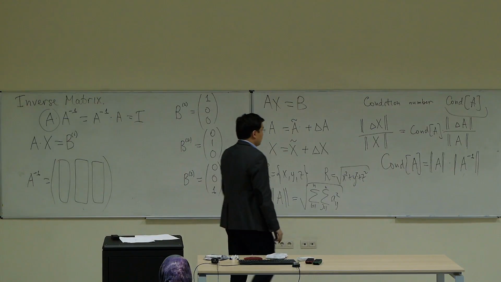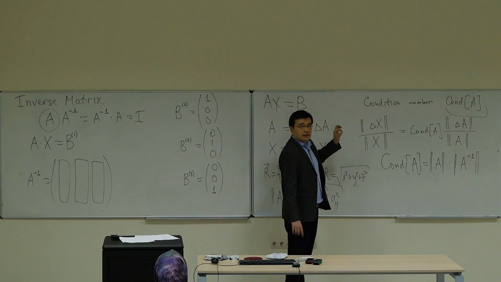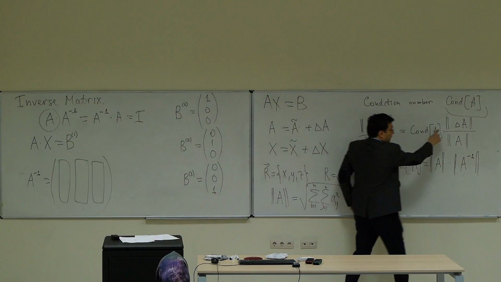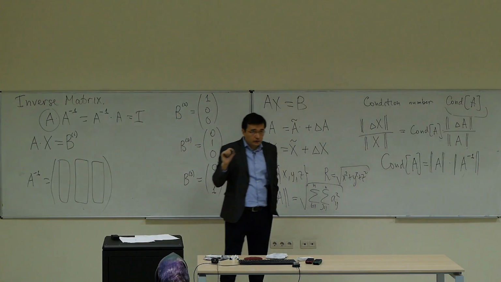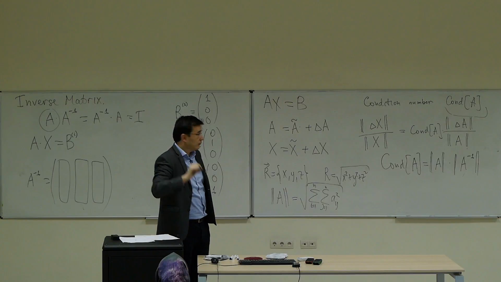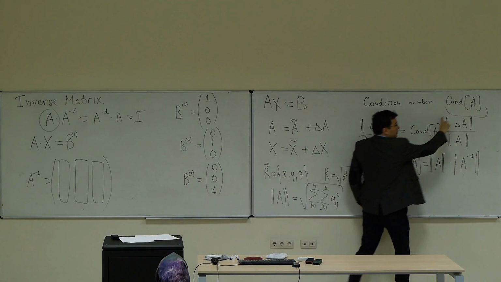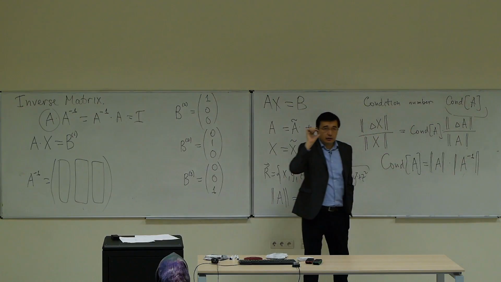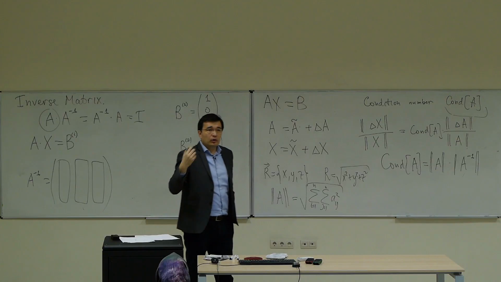All right, so let's come back to this equation. What does this equation tell us? This guy right here is a measure of relative error in the elements of A. These elements of A have some error, and this ratio gives us the relative error. It can be 1%, 10%, 0.1%, and so on.